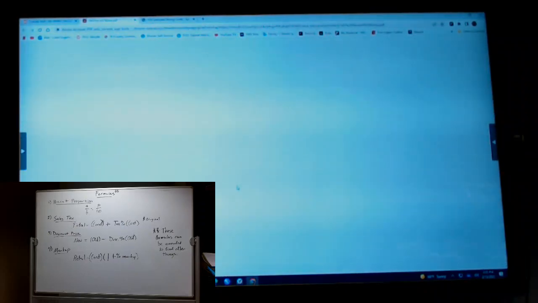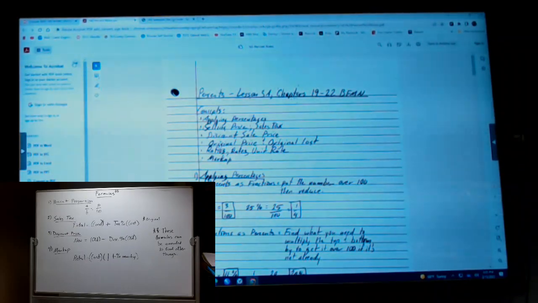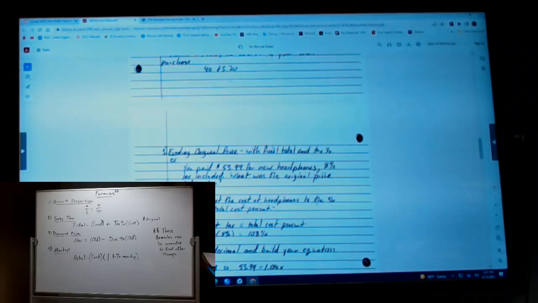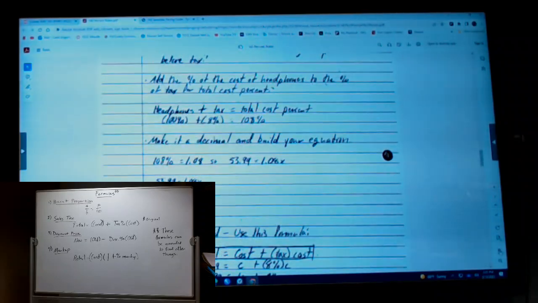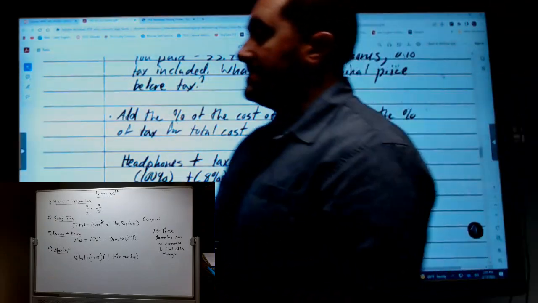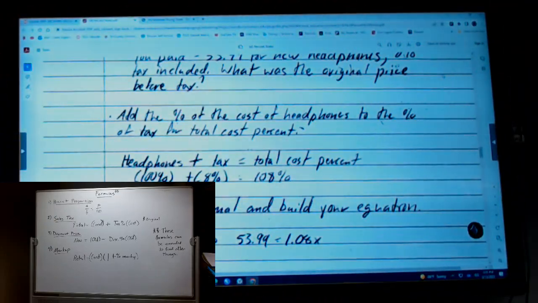Remember when we talked about the headphones? You were buying a set of headphones at 8% tax, and they want to know how much you were going to pay. We said one way to look at it was you're paying 100% of the price of the headphones plus the 8% tax. So you're really paying 108% of the price of the headphones, right?